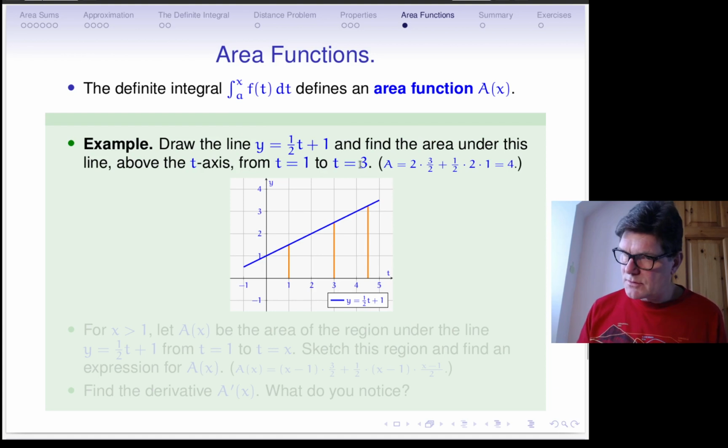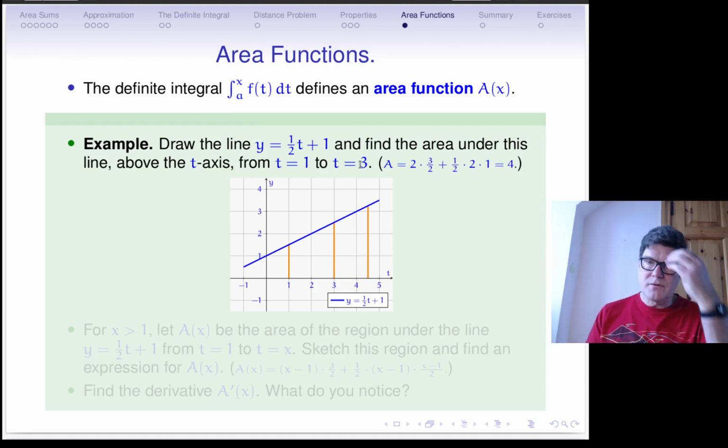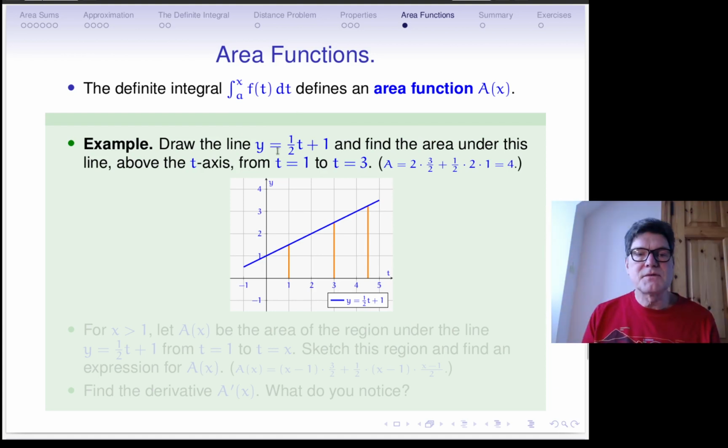I won't go through the details, leave this to you for now. This is something we can do. There are one or two simple geometric formulas which give us the area from 1 to 3 under this blue line.